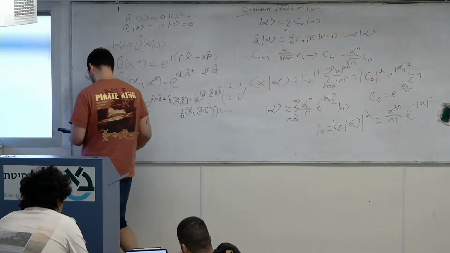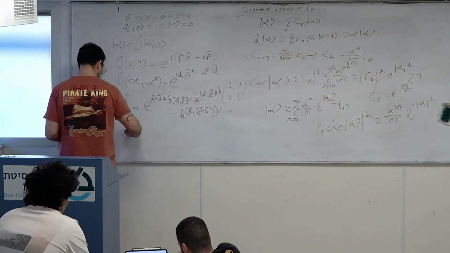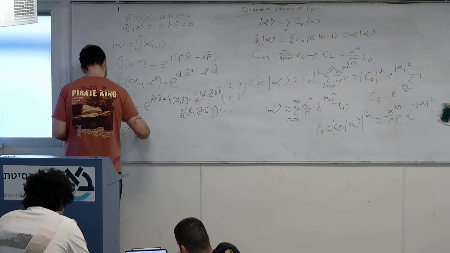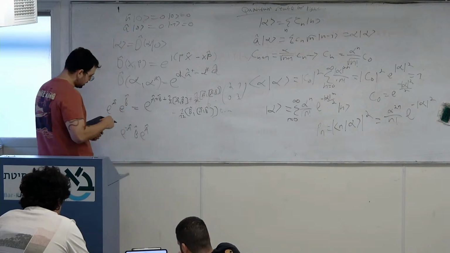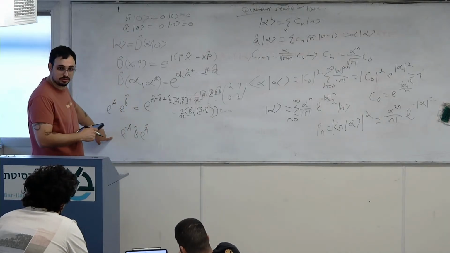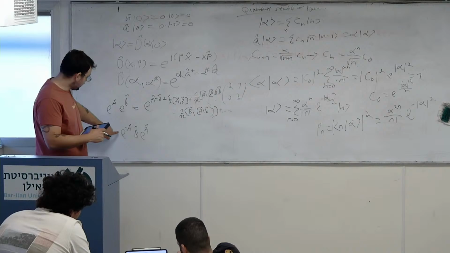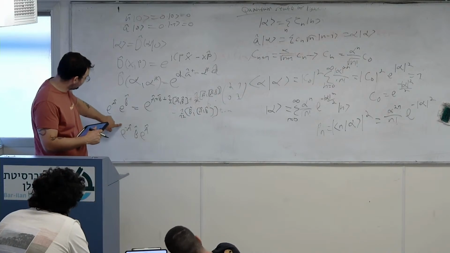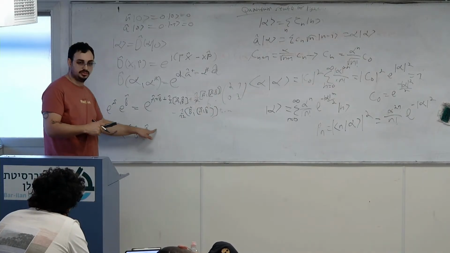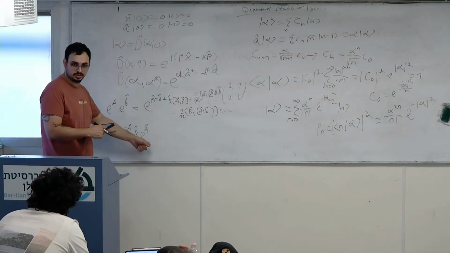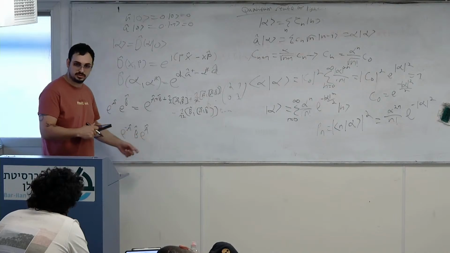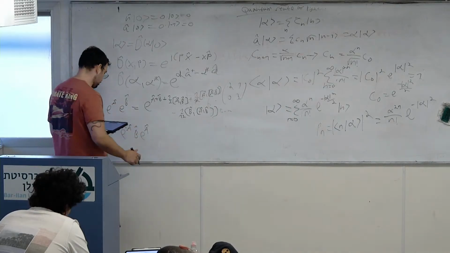And another one, okay, this is a canonical transformation. See it? Because e to the power of minus A times e to the power of A equals 1, this means that this is a canonical transformation, because this is essentially a unitary matrix.